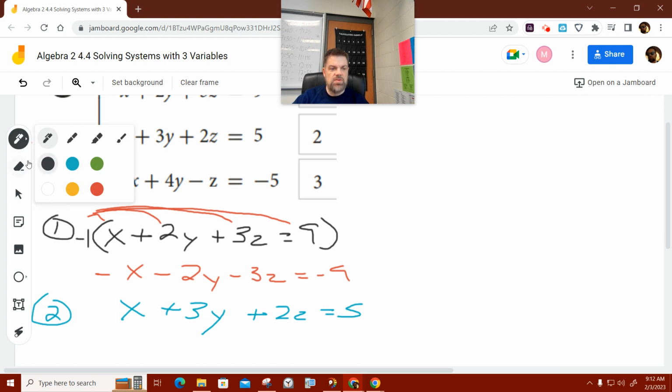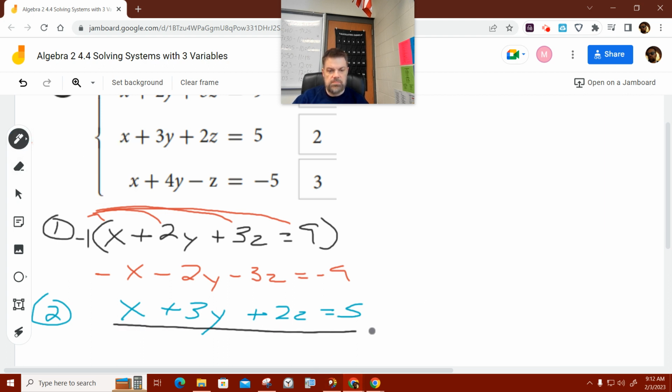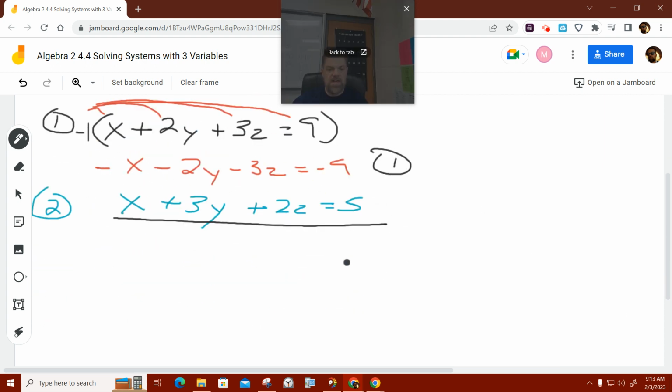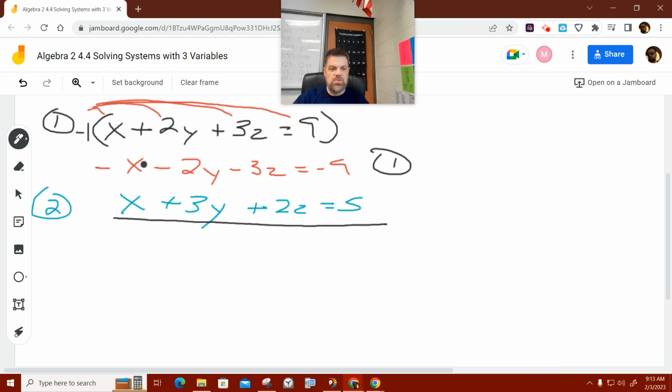I'm just going to add those up. By the way, this is still equation 1. These will cancel. I get 1y, and then this becomes negative z is equal to -4. So I'm just adding them up vertically.